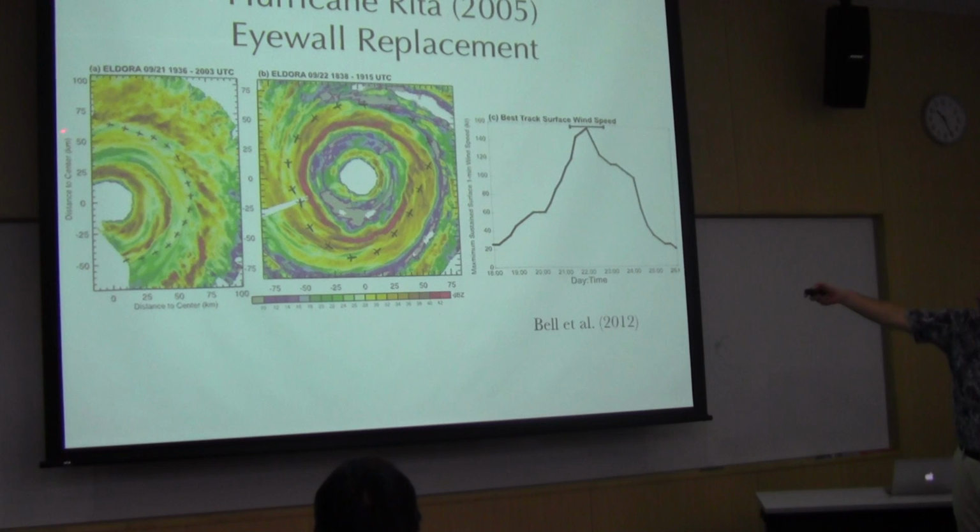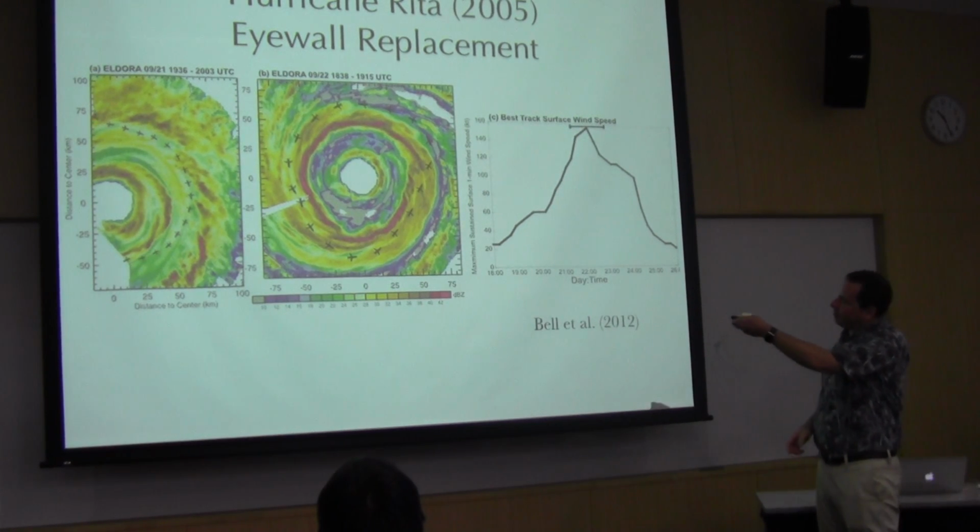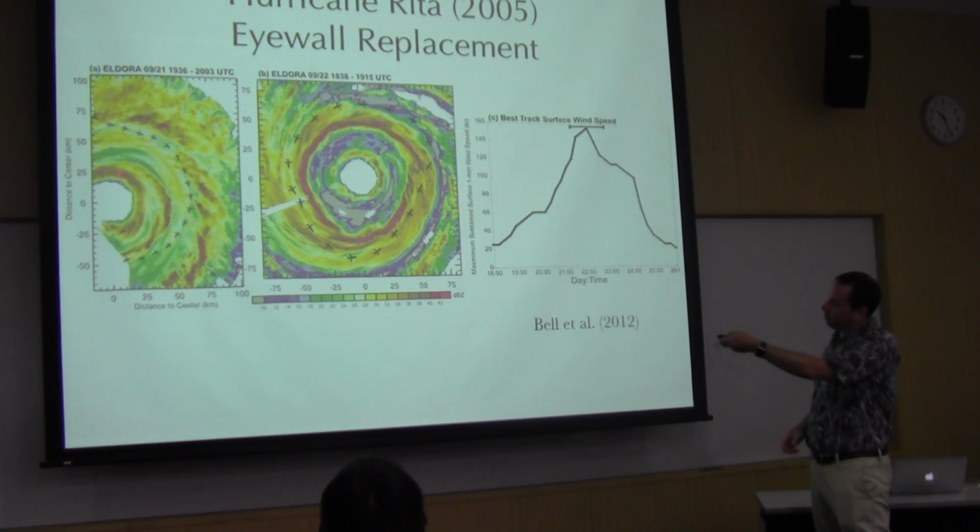This is the principal rain band out here, okay? So here's the scale. 0 is the center. So this is about 75 kilometers from the center. This is only about 25. And so you may think that this was formed from this, but in fact it was this piece here that was actually consolidated to form that outer secondary rain band.